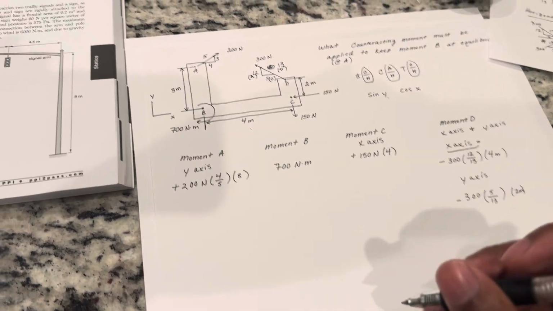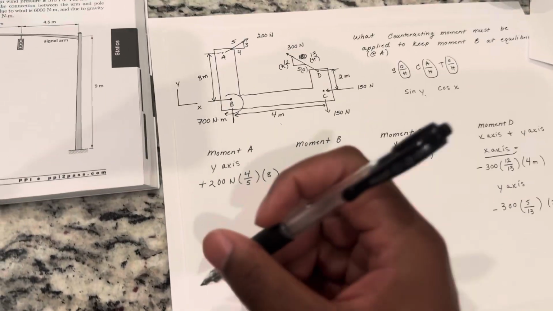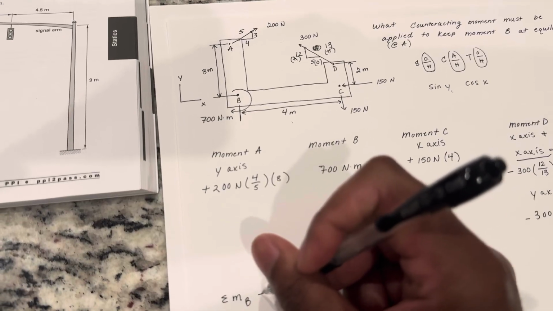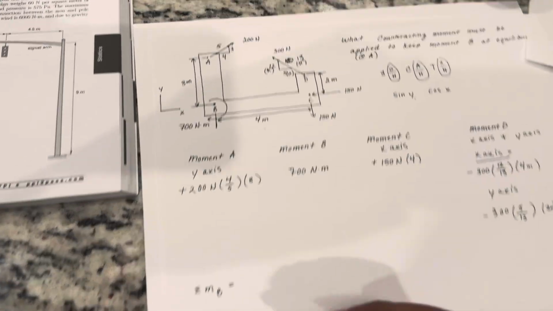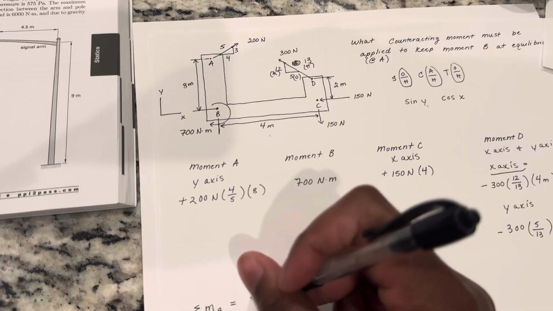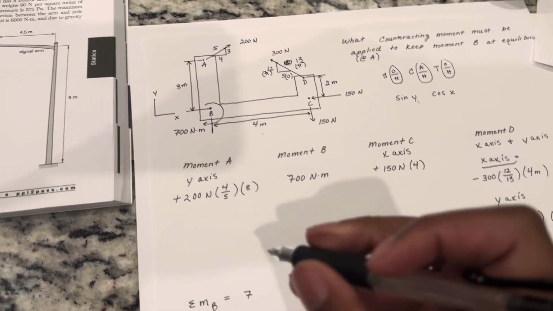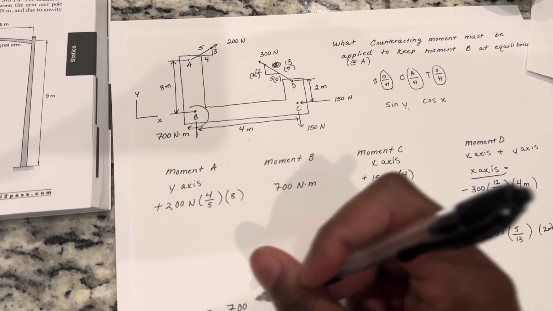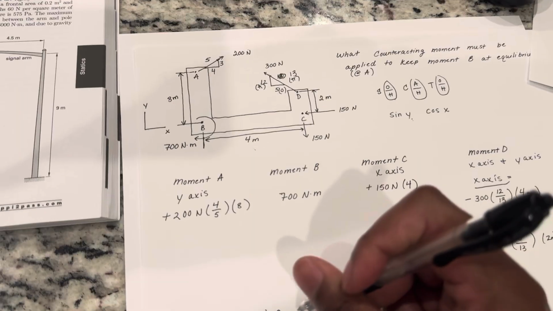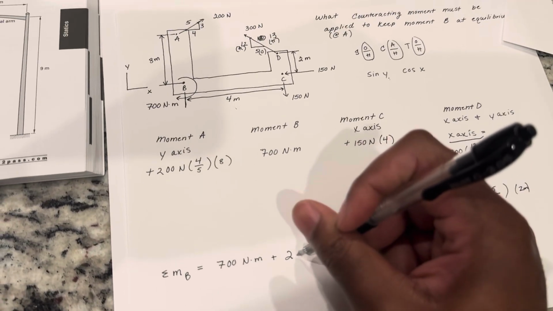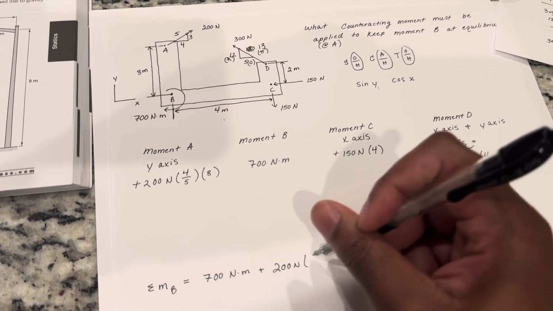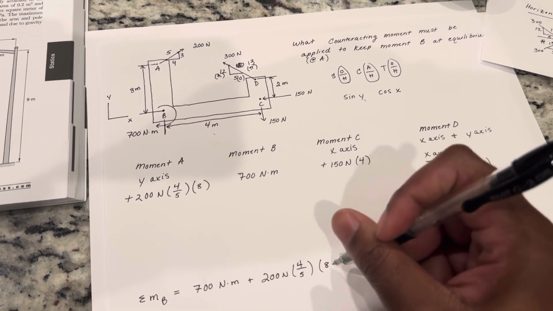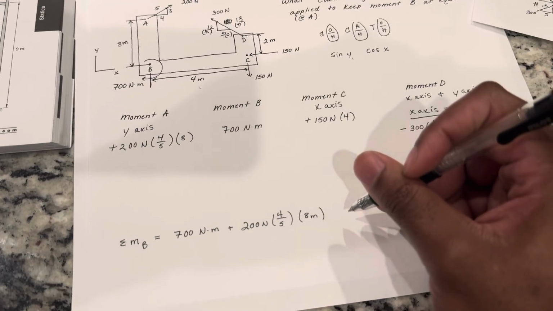All right. So now that we have everything accounted for, let's do the summation about moment B. We're just going to take all of these and add them together. So it'd be 700 Newton meters plus 200 Newtons, 4/5, with a distance of 8 meters that we took care of earlier.